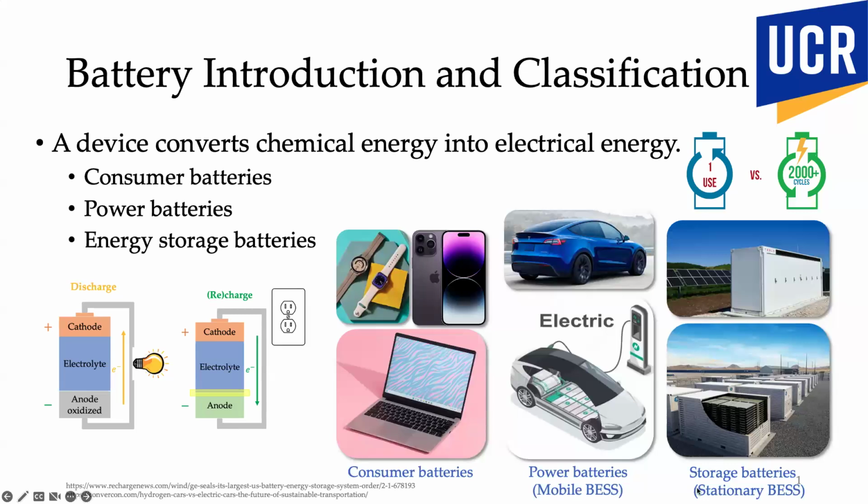By contrast, on the far right side, they are storage batteries, also referred to as stationary batteries. Stationary BESS, as you see, has a scale, or number of batteries installed, much higher than power batteries.